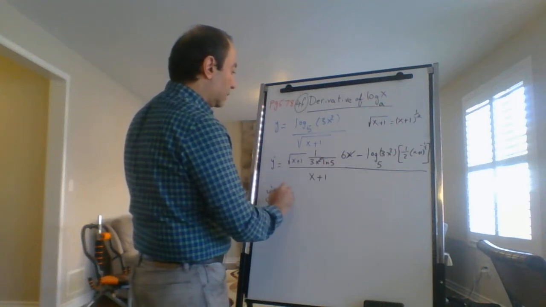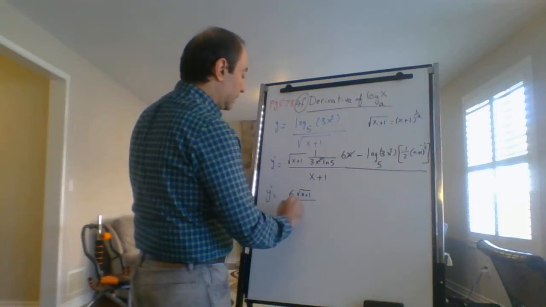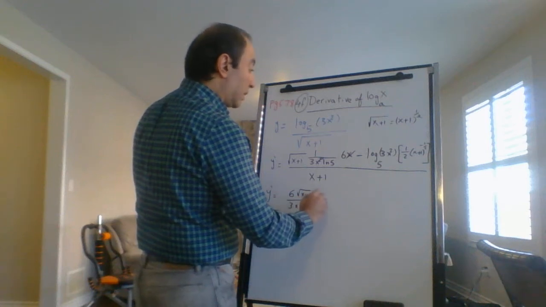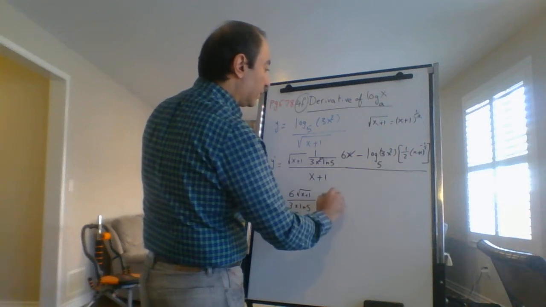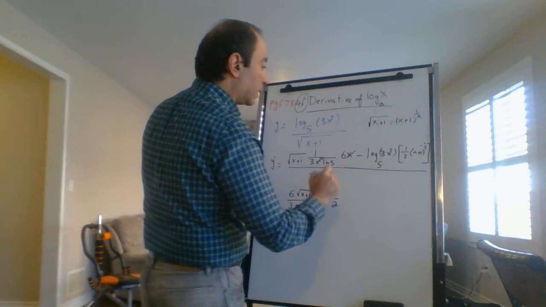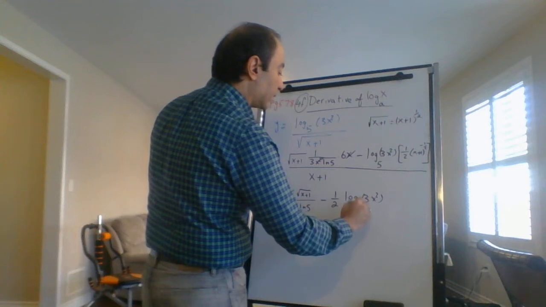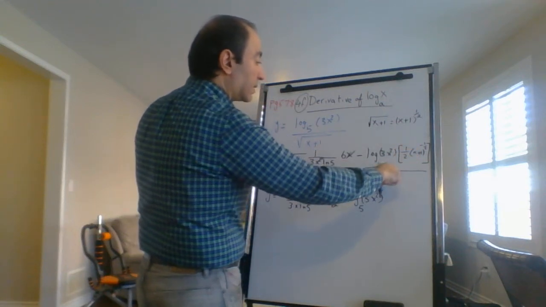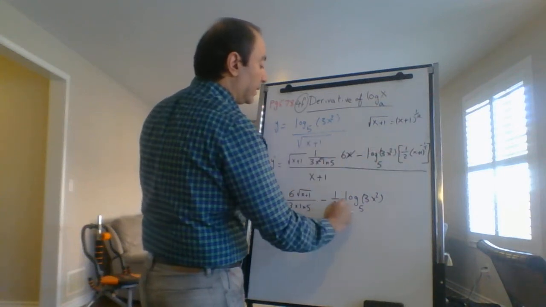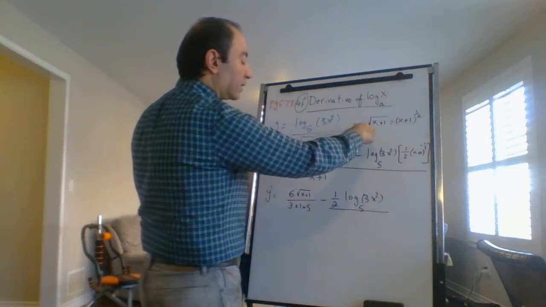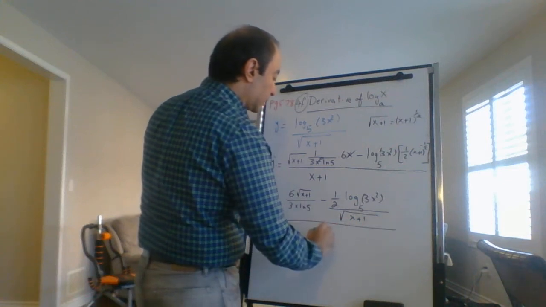So it will be 6 square root of x plus 1 over 3x ln 5 minus 1/2 log 3x squared base 5, and I can send this down and change the sign, send this to the denominator and change sign to be 1/2, and when I change the sign to be 1/2, I can return it back to square root of x plus 1. Everything divided by x plus 1.